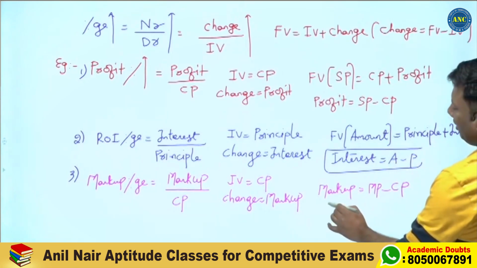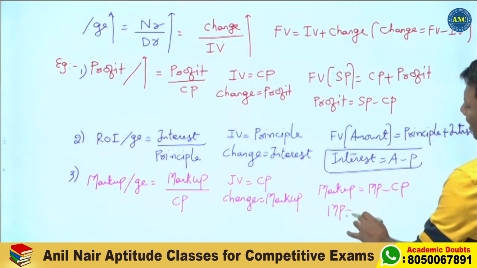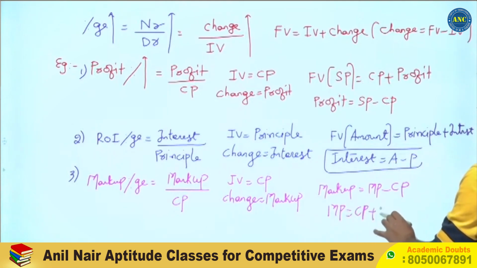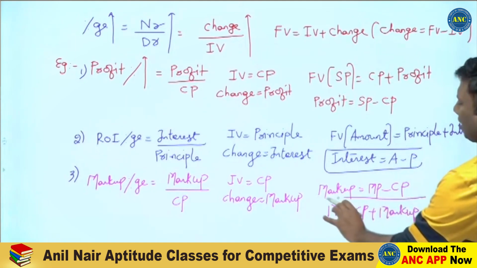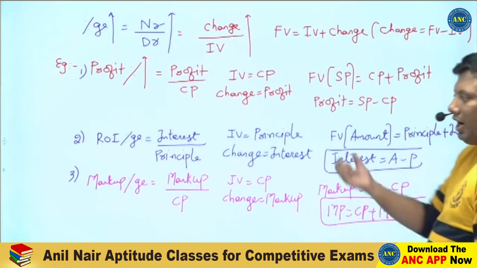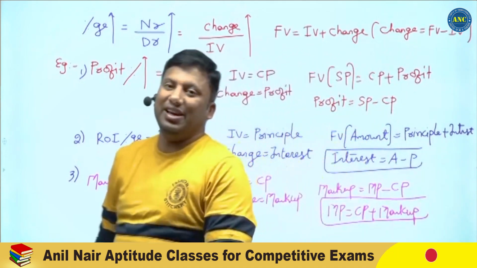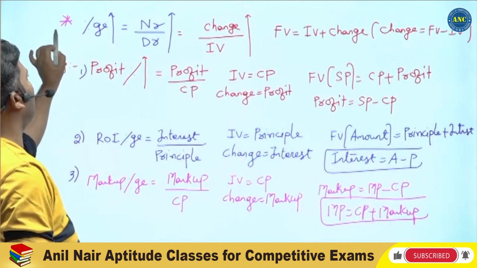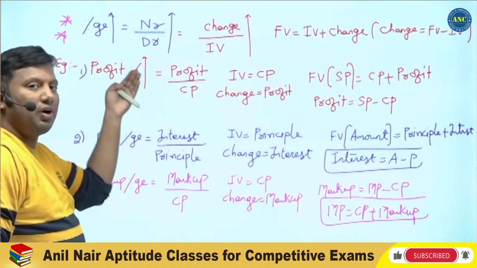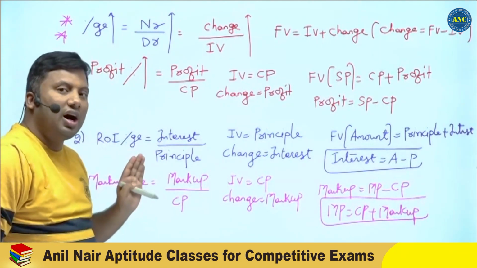So what is the final? Market price will become cost price plus markup, because I increased the price on cost price. I hope these three are very, very easy to understand. The basic foundation is this point. From this point, these three concepts are derived.